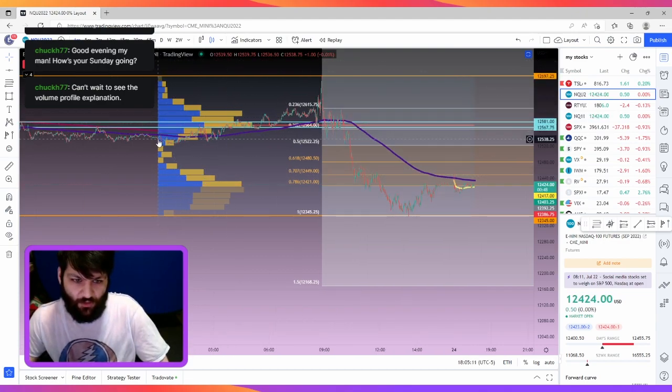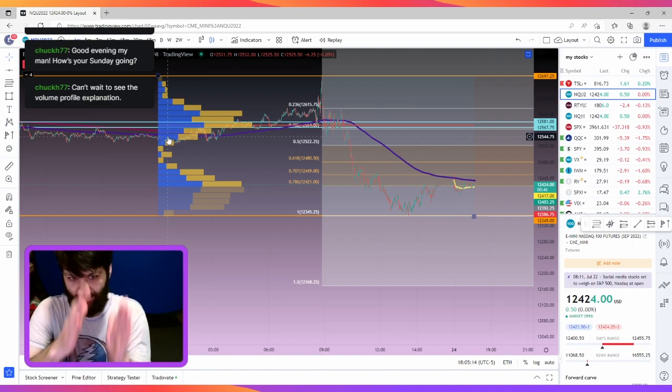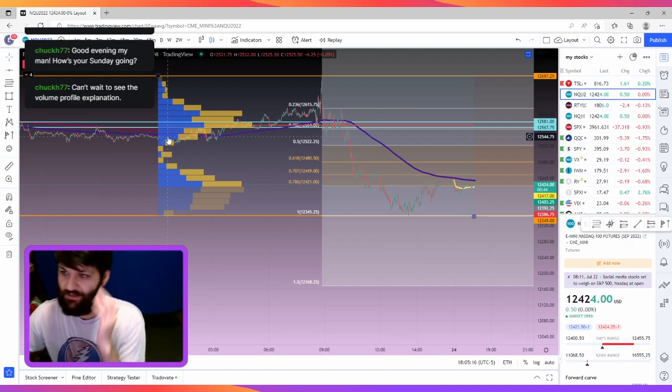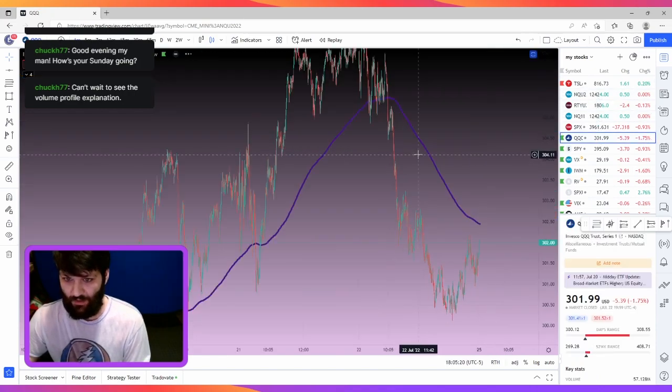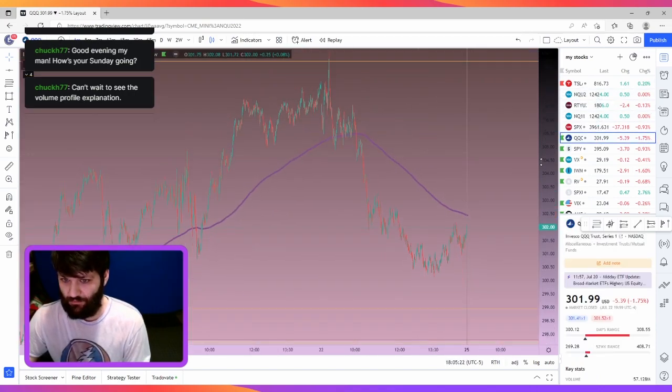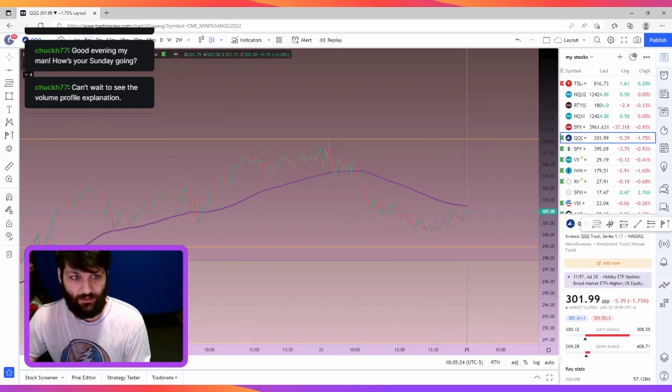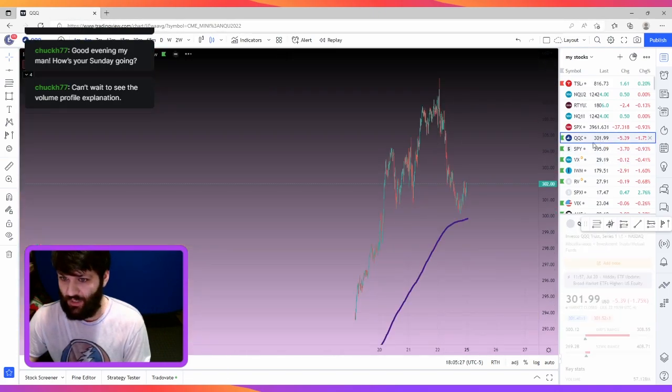What you're doing is you're drawing from the previous day, start to finish of the day. So this right now is futures, but for QQQ, for example, the way that it would work is, let's go on a little bit bigger time frame.